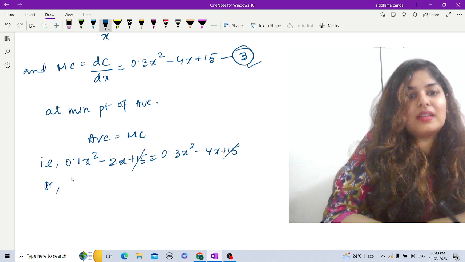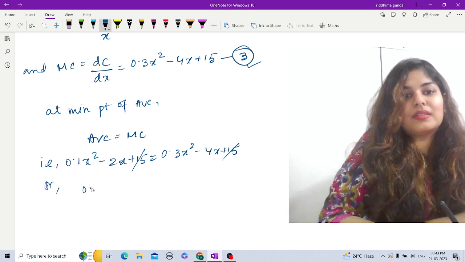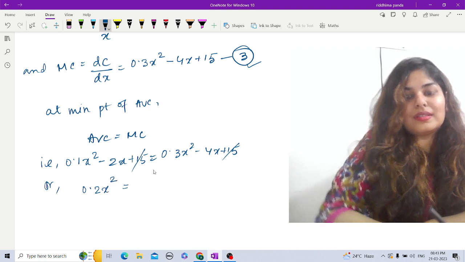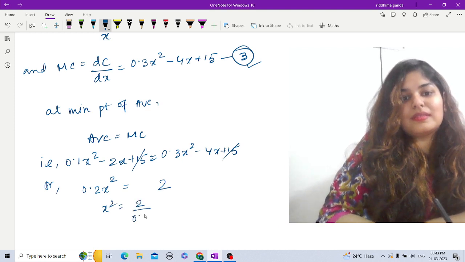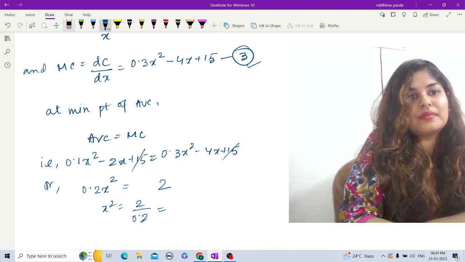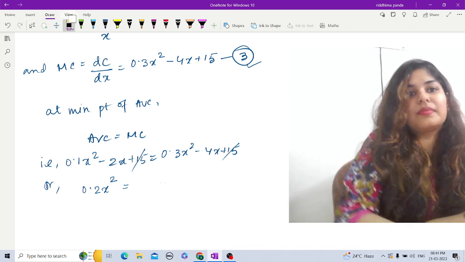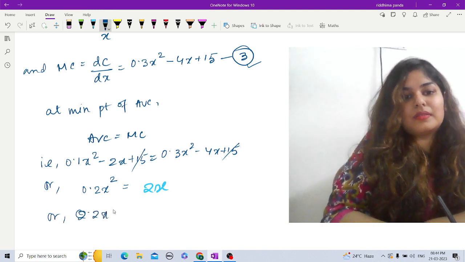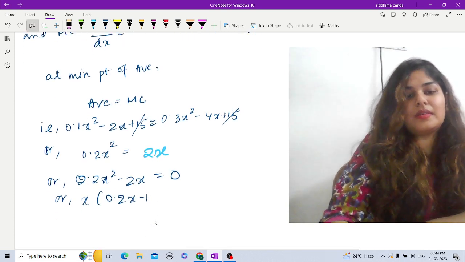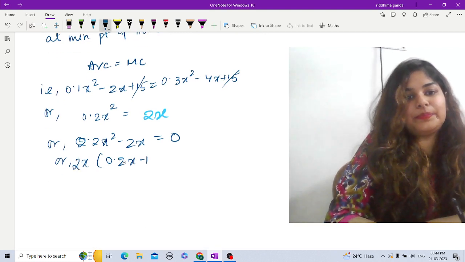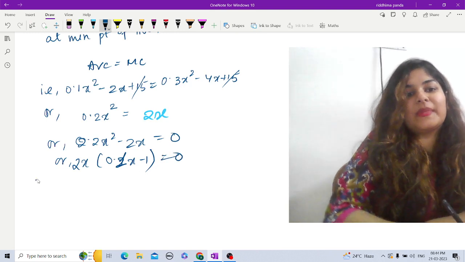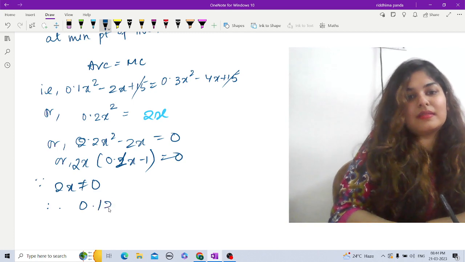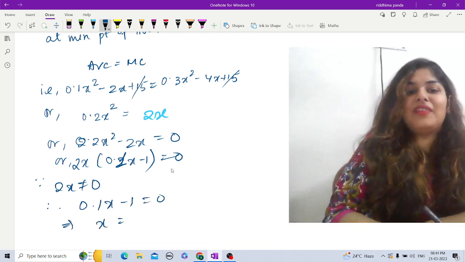After calculating, after simplification, we have got that the value of x is equal to 10 units.